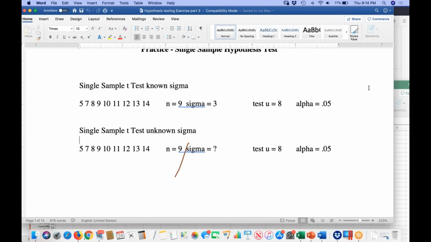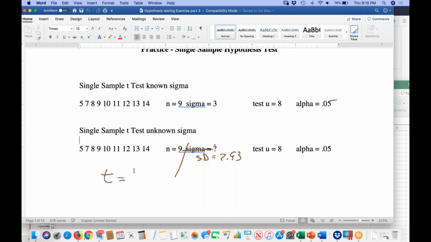However, now it's not sigma, but standard deviation is equal to 2.93. Okay, so now when I do my test, what am I going to use? Am I going to use Z? I'm going to use T instead.